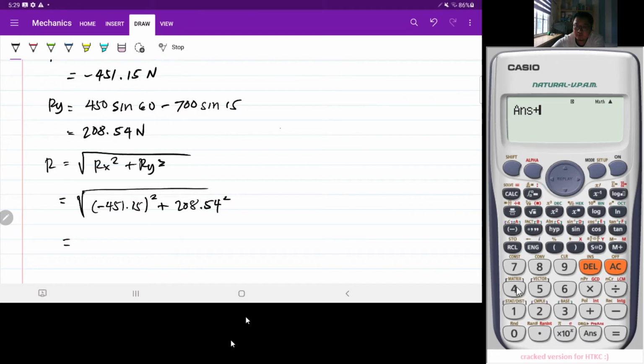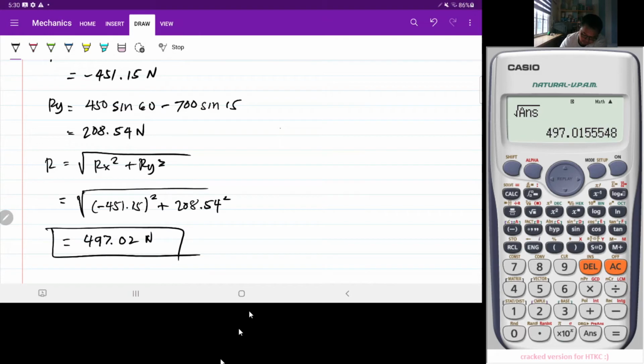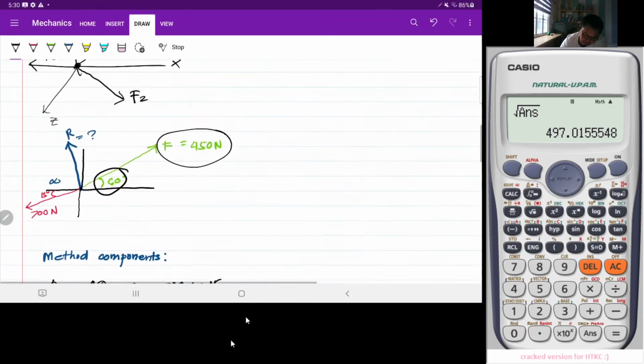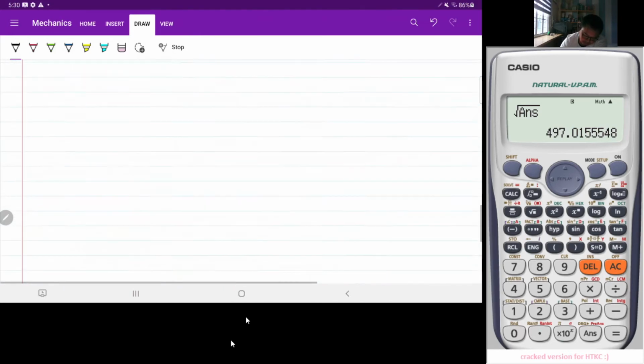I did not include the negative. Maka-cancel out lang siya kasi squared naman. So the square root answer is 497.02 Newton. So this is the answer for our first question, the resultant force.